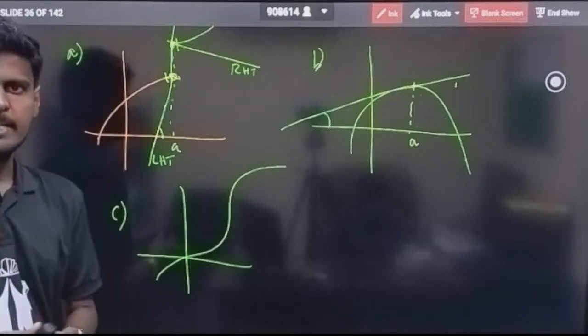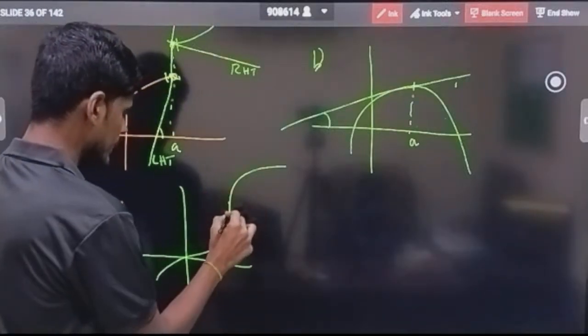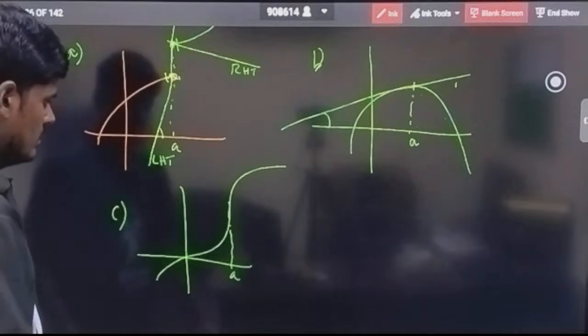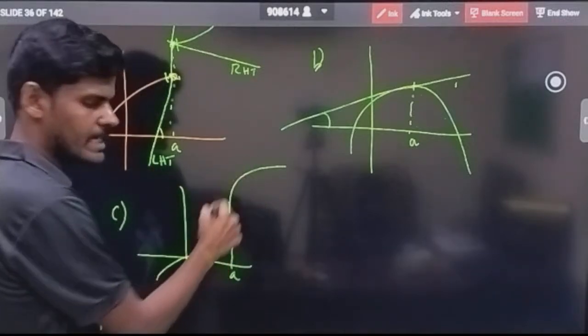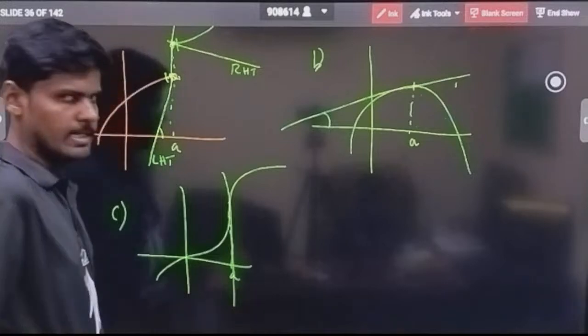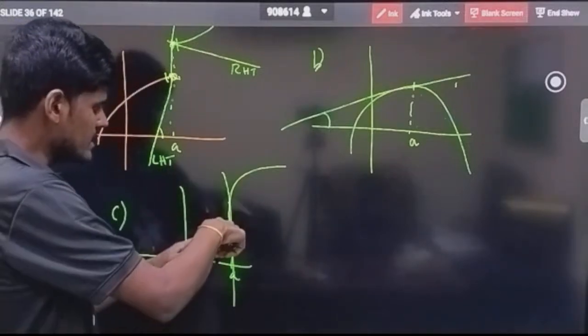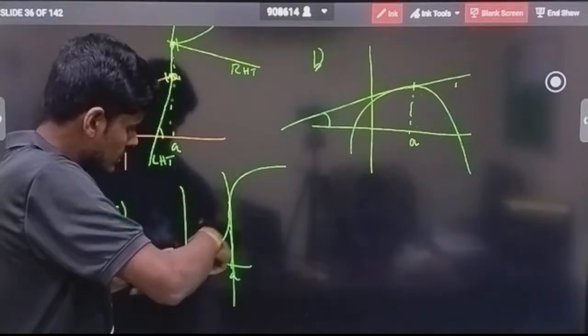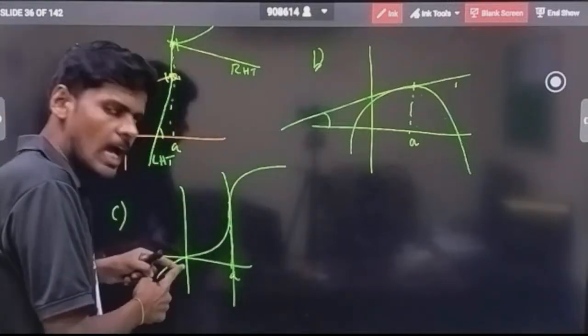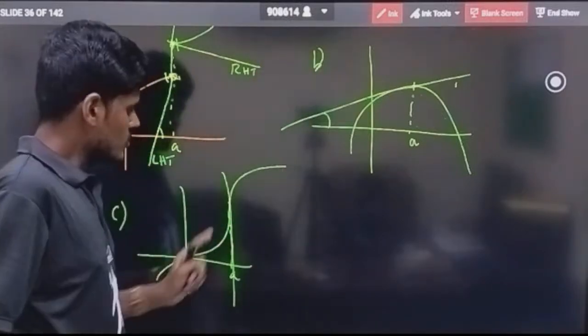Then what about the third case? Let this point be A. Here can we draw a tangent that is unique? Yes, but does it have a finite slope or not? No, because this curve increases its slope exponentially. It has a sharp increase in its slope.